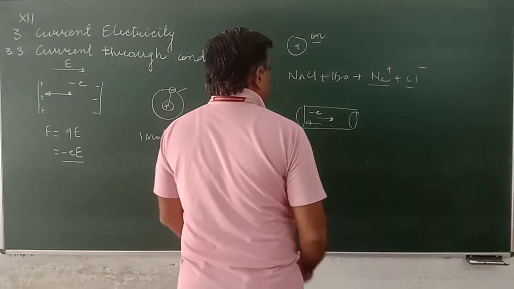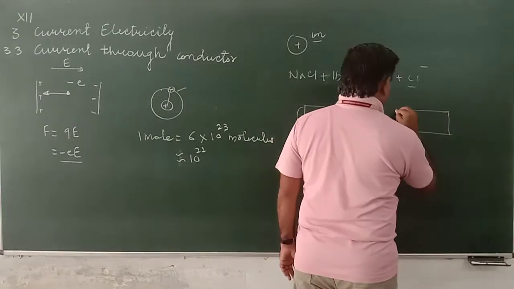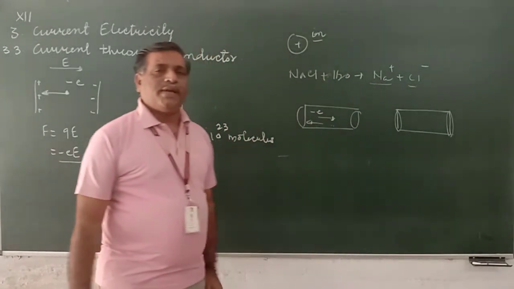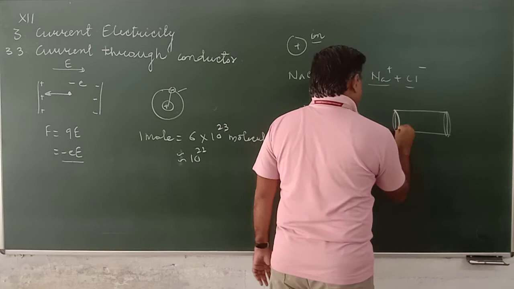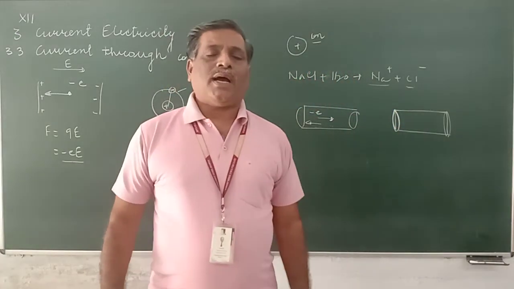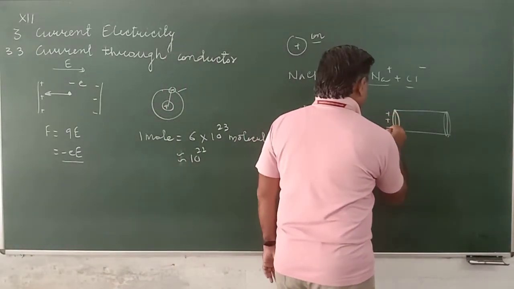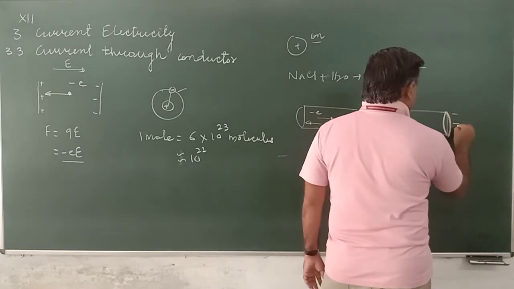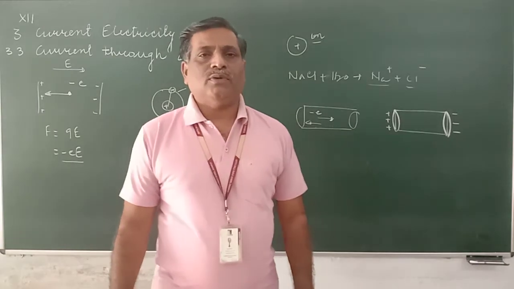Now consider again the conductor of cylindrical shape. It is a conductor, so free electrons are available there. To this side, we attach one plate of dielectric on which positive charges are placed. This is a dielectric plate. On the other end, another dielectric plate on which negative charges are deposited.